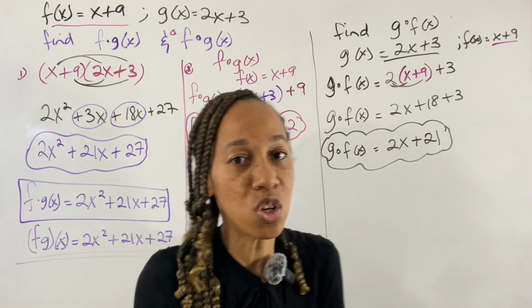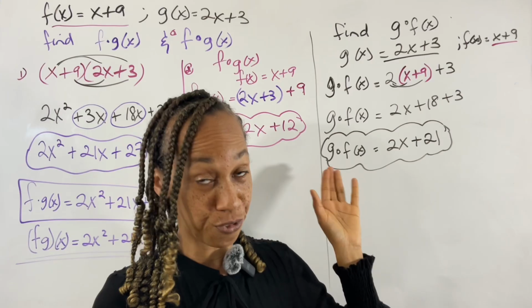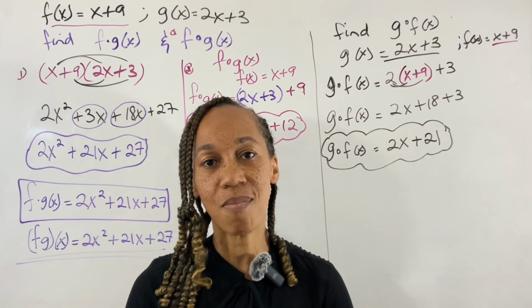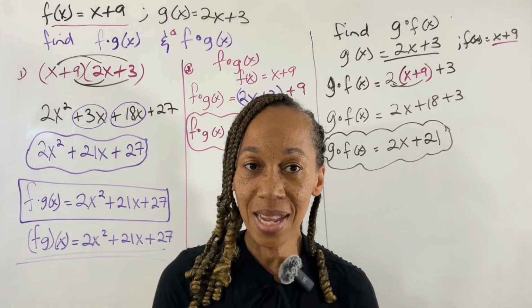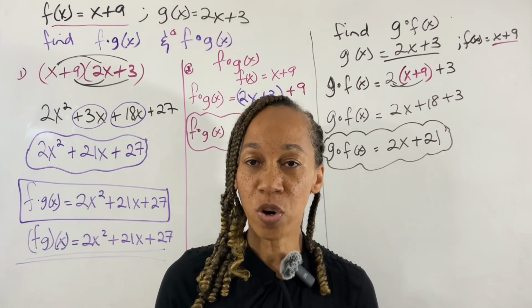So just note that there's a difference between multiplying two functions and finding the composition of two functions. It is totally different. Do not make the mistake. Just go by the steps. If you're multiplying, you're just going to multiply both functions together.